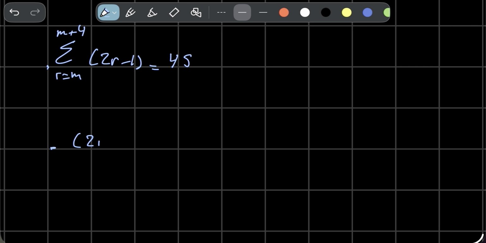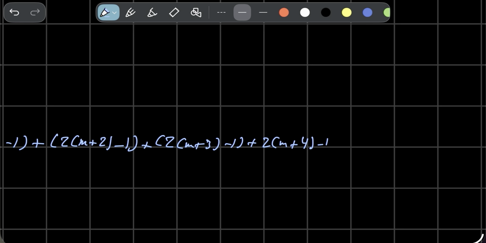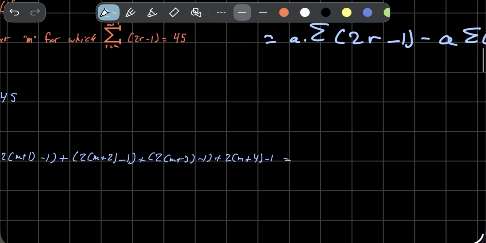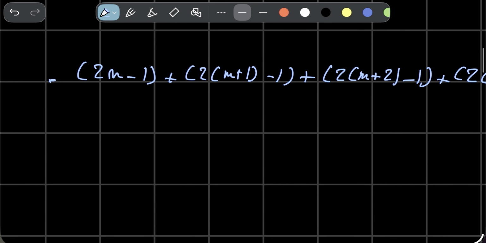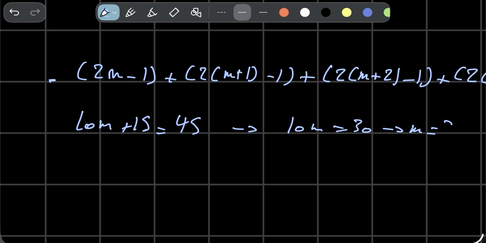So we just substitute every r with m, plus 2 of m plus 1 plus 4 minus 1 equals 45. Now after expanding and adding and subtracting, we will get 10m plus 15 equals 45. Therefore 10m equals 30, m equals 3.